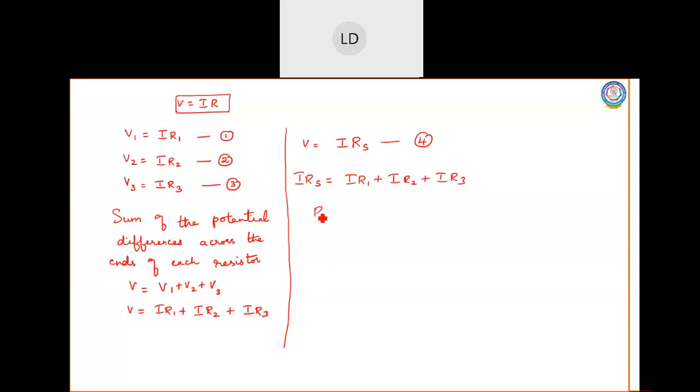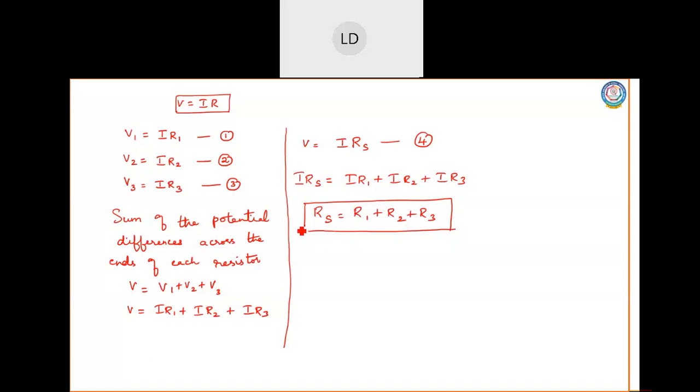So here is the formula to find out the effective resistance, R1 plus R2 plus R3. So this is the formula to find out the effective resistance. Okay, so the effective resistance will be the sum of the resistance of the individual value of resistors, right?